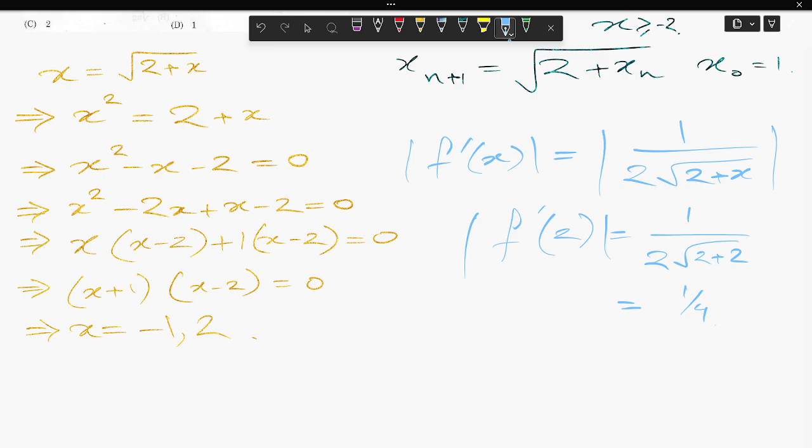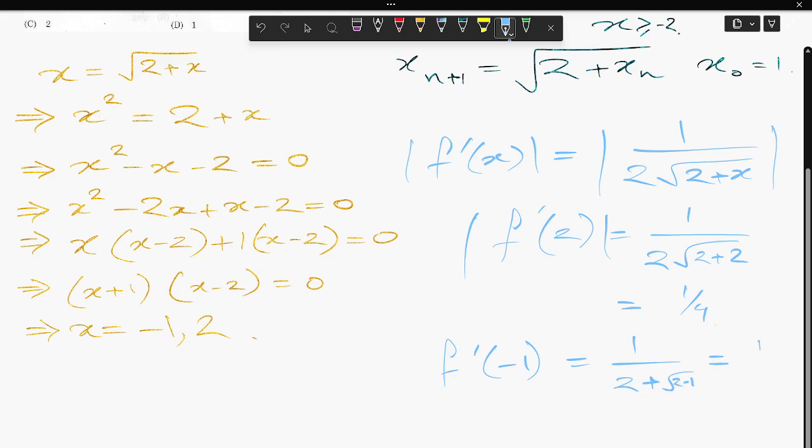Now for x equals minus 1, we will get f dash of minus 1 equal to 1 by 2 into root over of 2 minus 1, that is 1 by 2 into root over of 1, so that will be 1 upon 2.